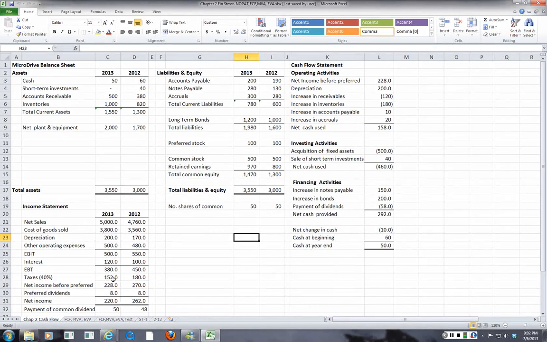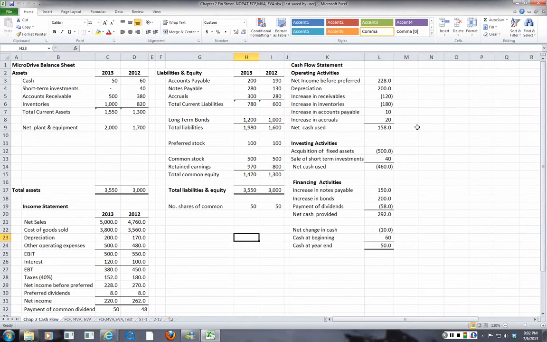Now from those two statements, the balance sheet and the income statement, we want to create a cash flow statement. Before we get into it, the cash flow statement is probably one of the most interesting financial statements a company has, because it has three basic components: operating activities, investing activities, and financing activities.